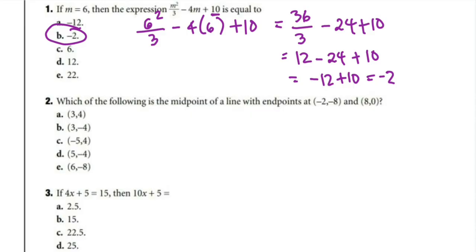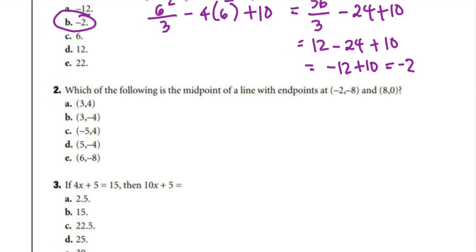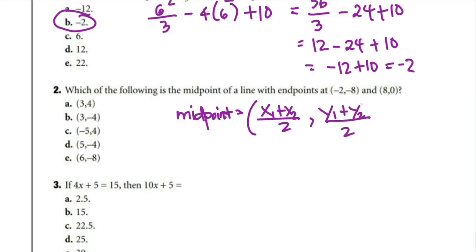Number 2. Which of the following is the midpoint of a line with endpoints negative 2, negative 8, and 8, 0? Now, you still remember the midpoint? Okay, midpoint formula. That's right. The average of the x and y coordinates.